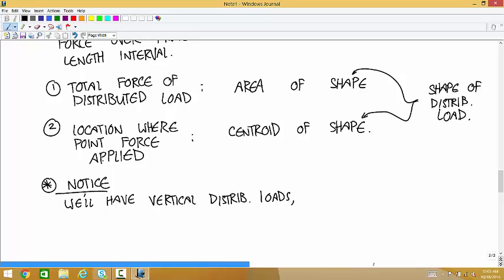And so because you can move forces along their line of action, we're only going to need to know the horizontal centroid location.